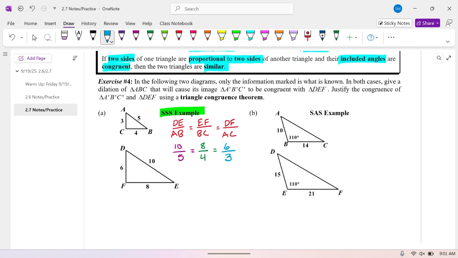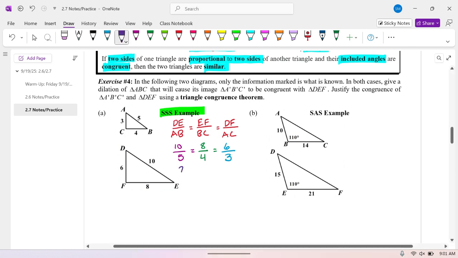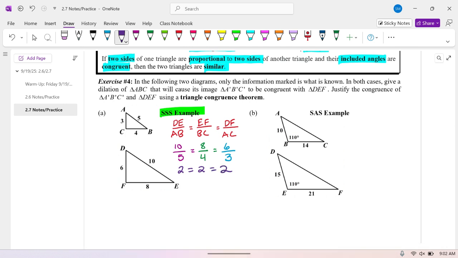Yes. What would that number be? 2. So 10 divided by 5 is 2. 8 divided by 4 is 2. 6 divided by 3 is 2. So since all three of these are the same proportion, we can say that triangle ABC is similar to triangle DEF by side, side, side.